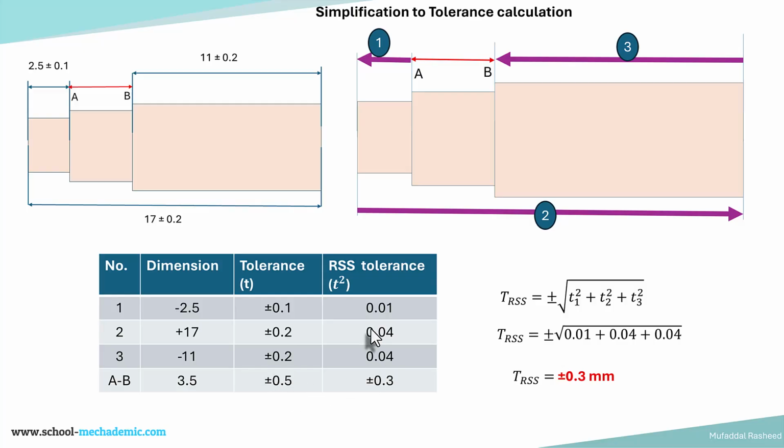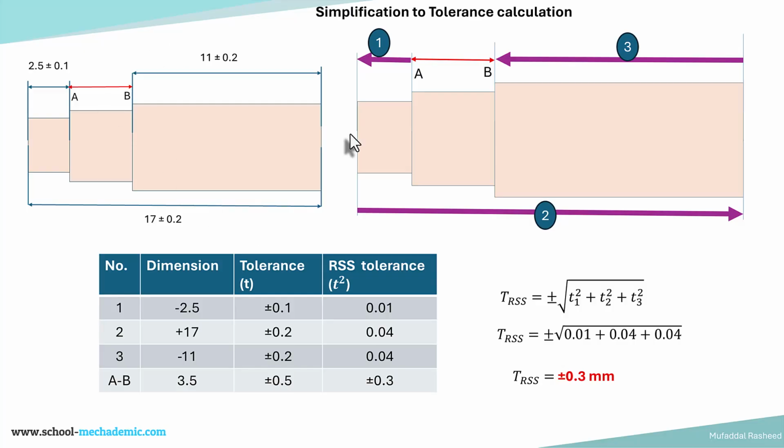But if you have controlled manufacturing processes in place, and we know that the manufacturing processes follow a normal distribution and they are plus or minus 3 sigma processes, or whatever that value is in terms of standard deviation, then we can calculate using this formula, and that would give us a realistic RSS tolerance, whereas the worst case considers all of the variations at the worst possible case, which is not practically possible.